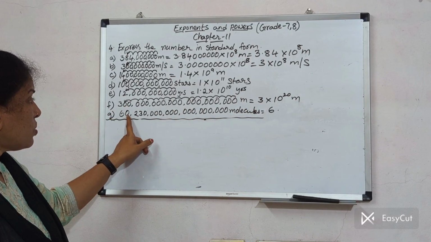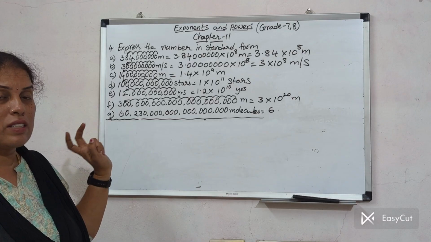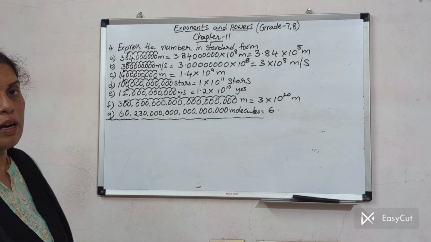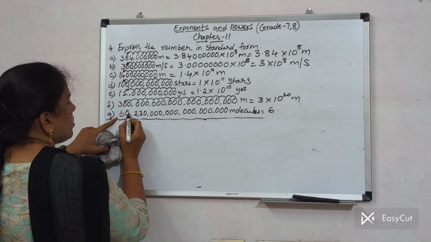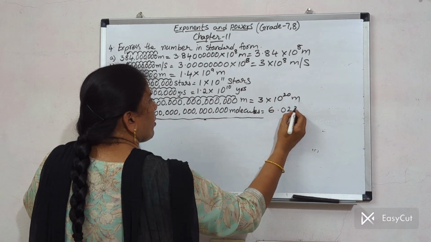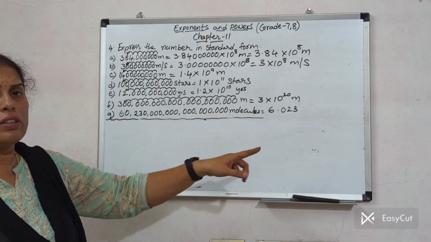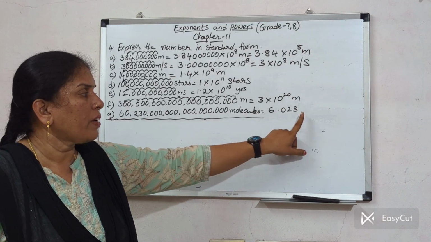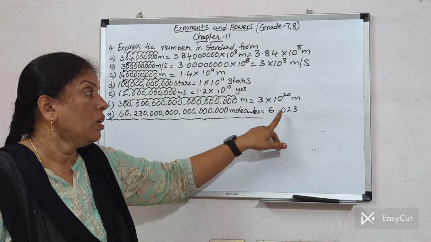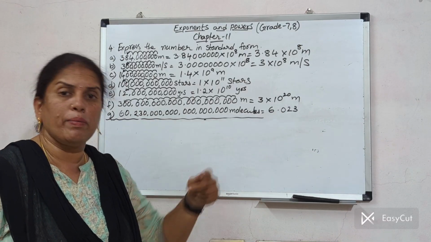But here 0, 2, 3, 0 is there, that's why you need to keep the point. Okay. Compulsory you must mention the digits up to where 0, 2, 3. No need for zeros. I told you that decimal point after, zeros have no value. At the end, zeros mean no value. Between, if 0 is there, it means value will be there.